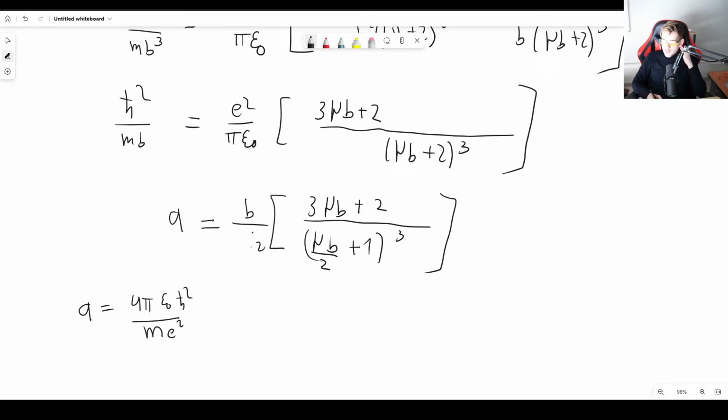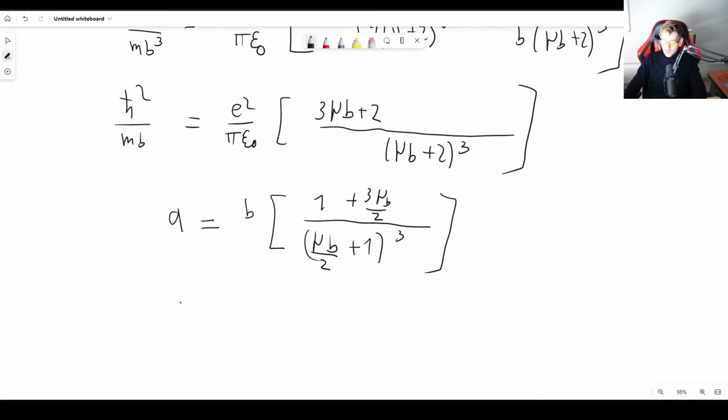And now we can simplify the notation a bit further if we take this 1/2 and multiply it in here. So we get 1 plus 3 mu b over 2. Okay, so now that we simplified our notation, we must begin simplifying this expression.